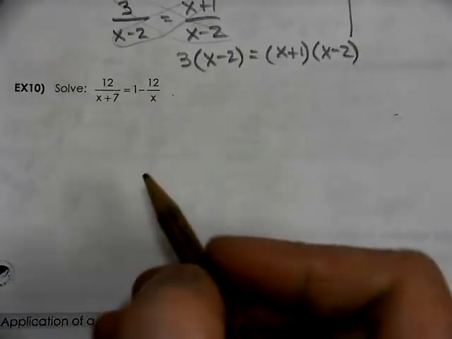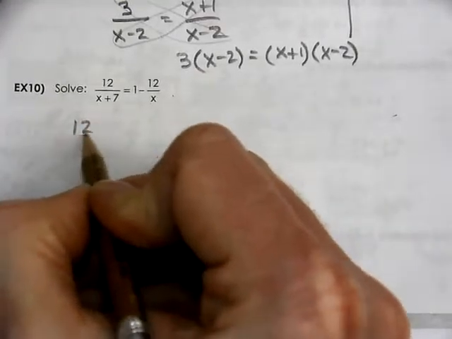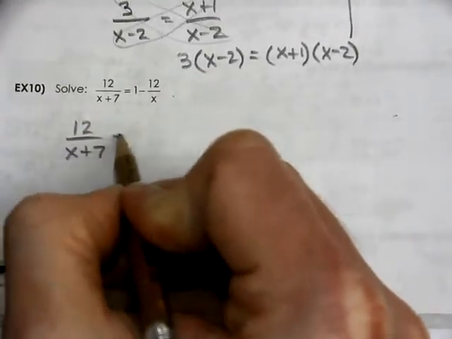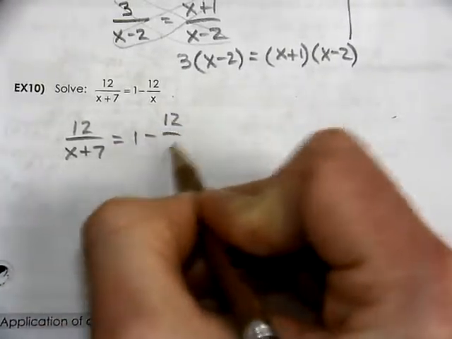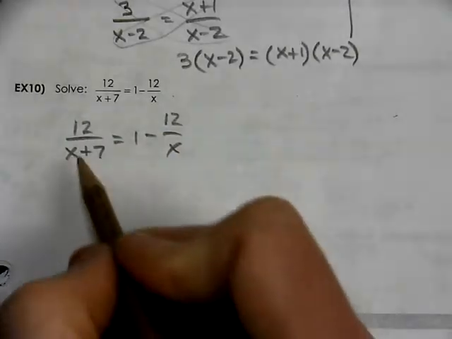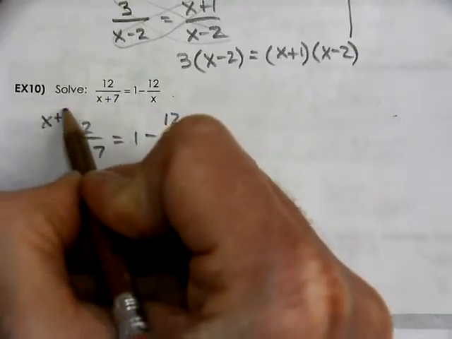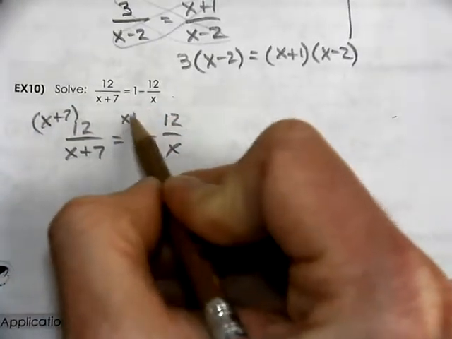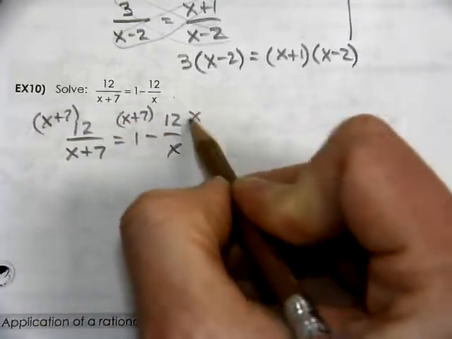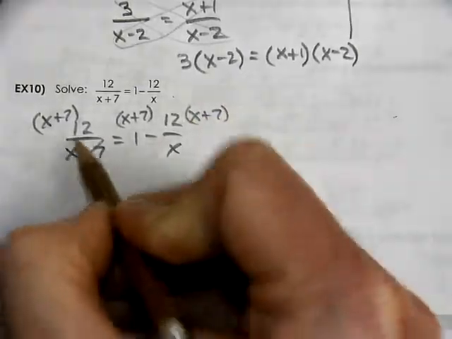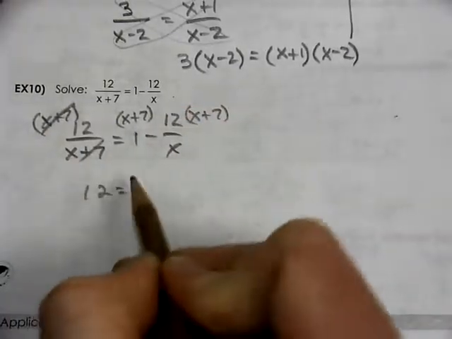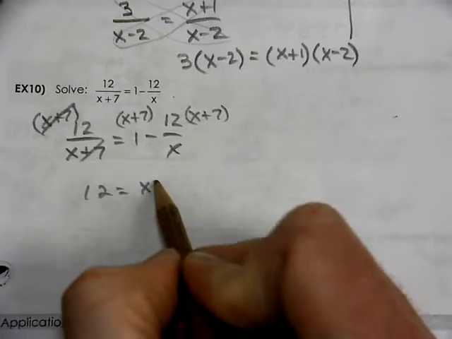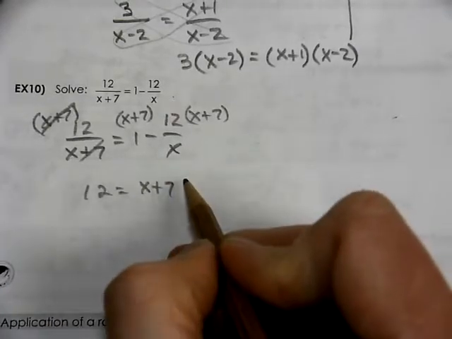Example number 10. There's nothing to factor apart. So I'm going to multiply through by my first denominator. You have different choices of how you could handle this. 1 times x plus 7.